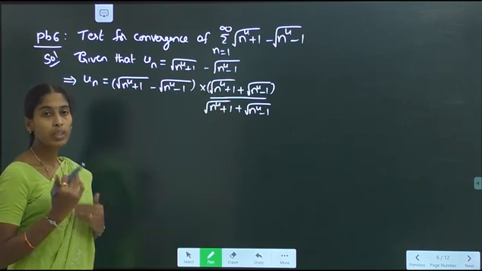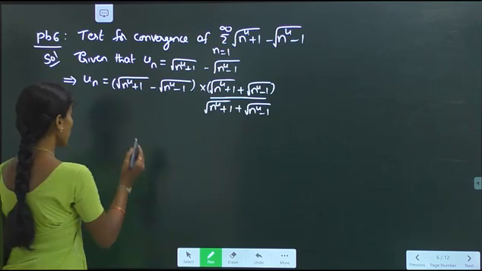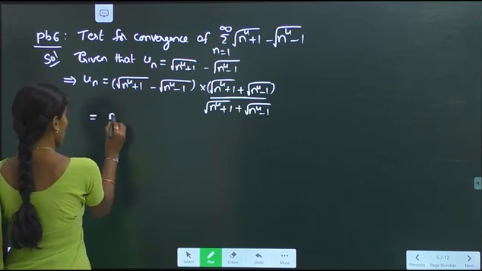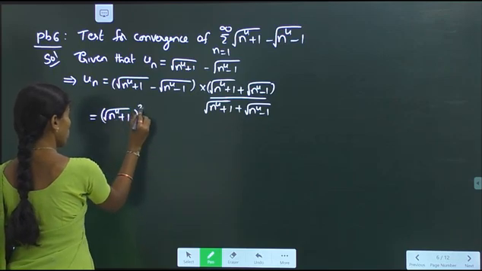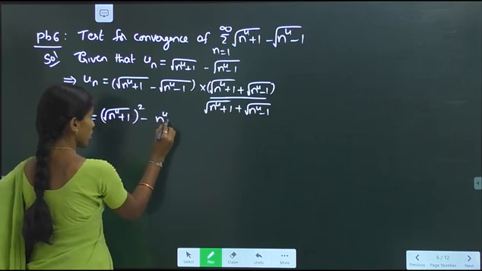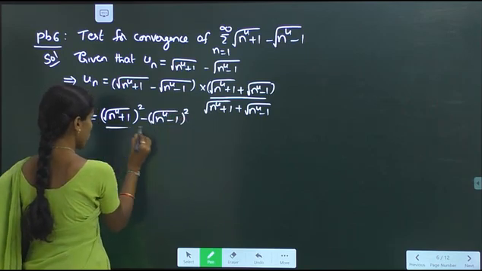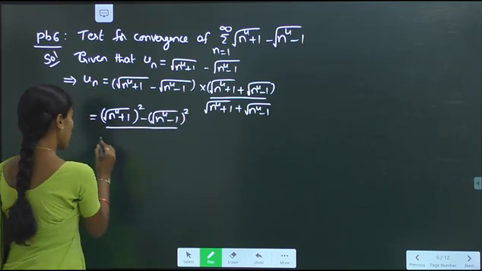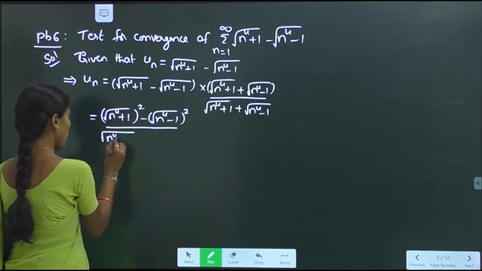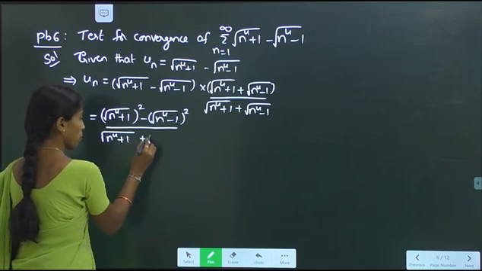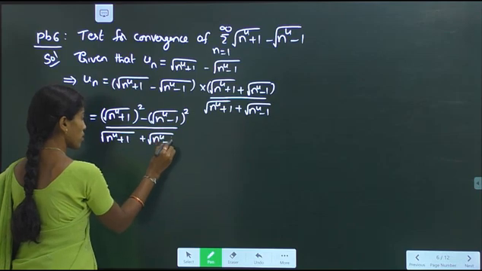A minus b into a plus b is nothing but a square minus b square. So square root n to the power 4 plus 1 whole square minus square root n power 4 minus 1 whole square, by the denominator term n power 4 plus 1 plus n power 4 minus 1.